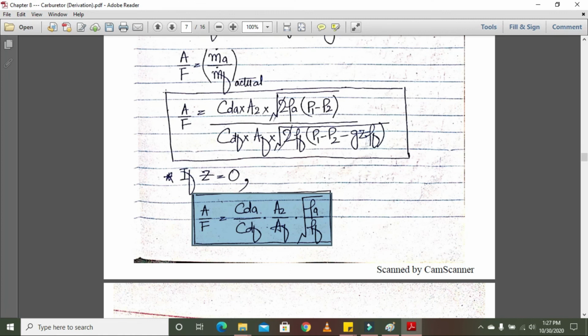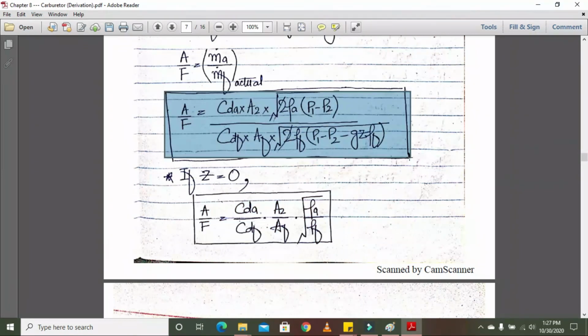This is the relation for the air fuel ratio when air is considered as incompressible fluid only.